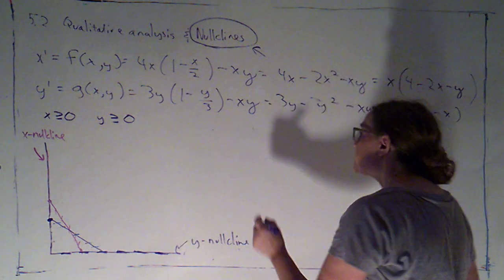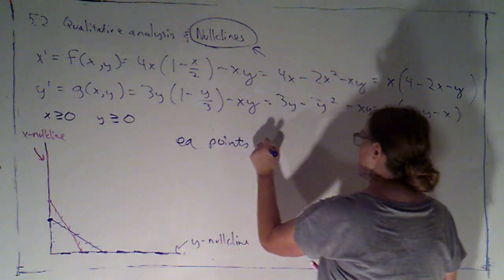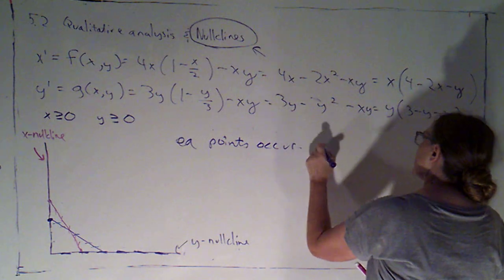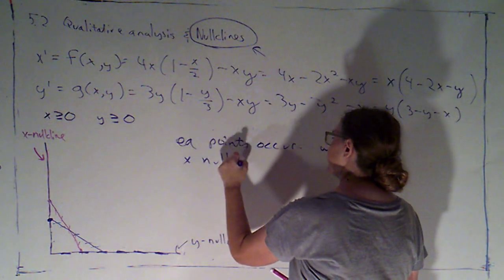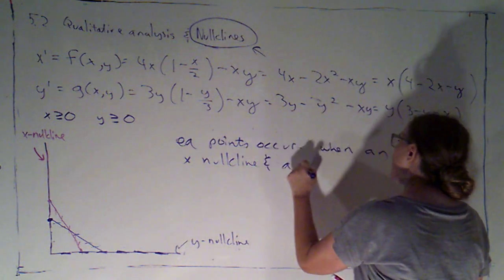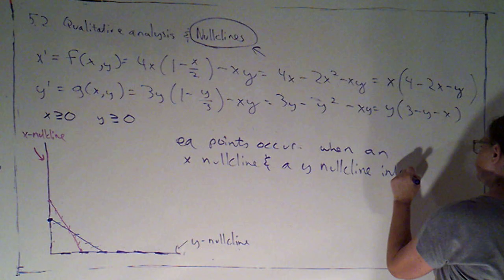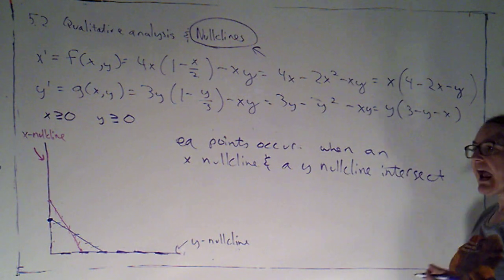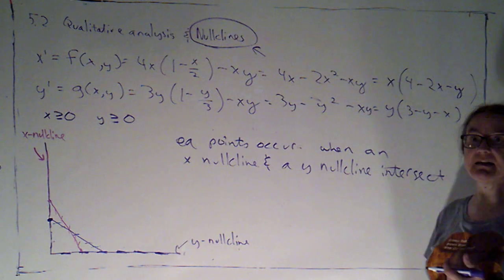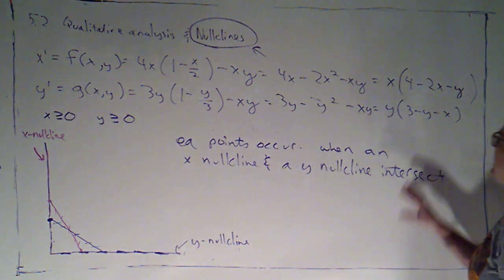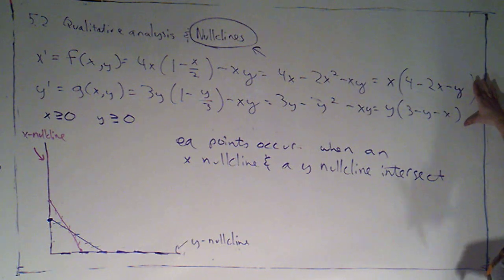Okay. So the equilibrium points occur when an x-nullcline and a y-nullcline intersect. And this sort of gives us a geometric way of thinking about finding the equilibrium solutions. When we found the equilibrium solutions in the last section, we thought of it more algebraically.